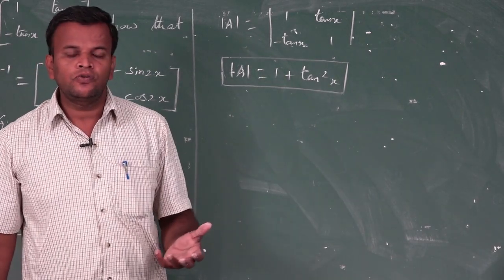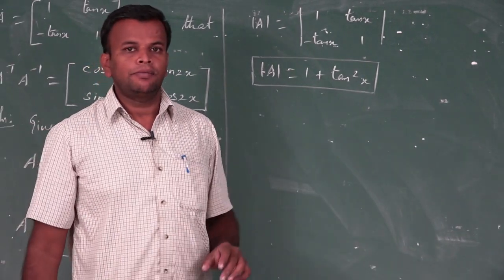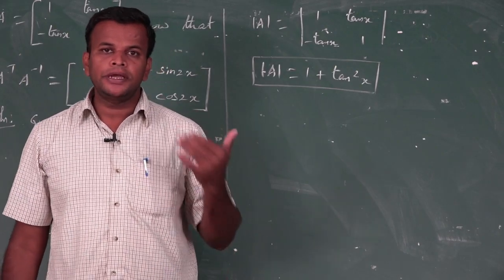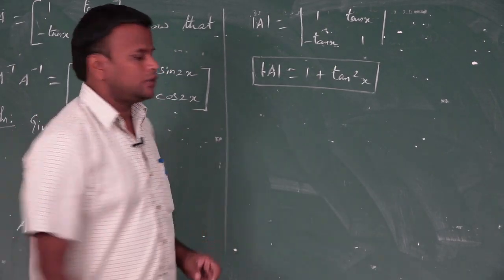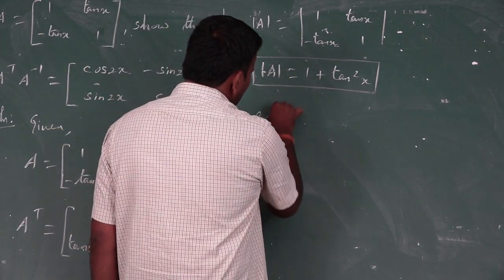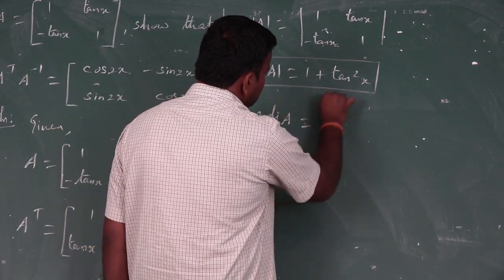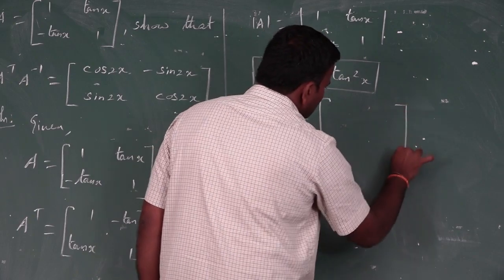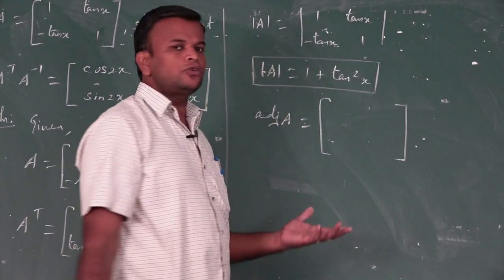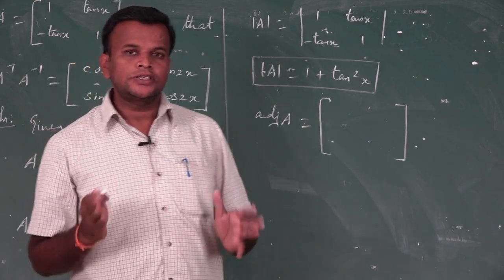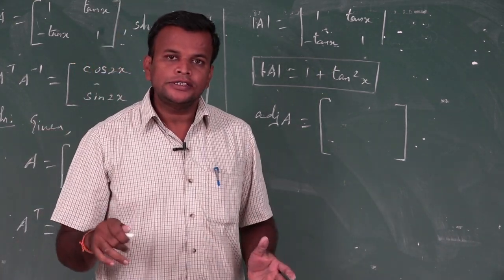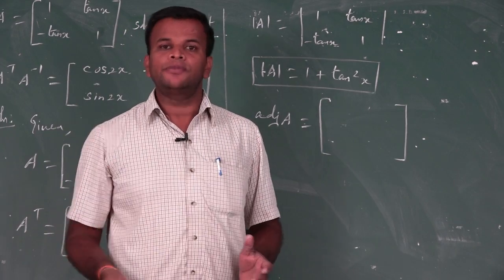The next step is to find adjoint A, because the formula of A inverse is 1 by determinant A into adjoint A. What is the working rule to find the adjoint of any 2 by 2 matrix? The first step is we interchange the leading diagonal elements.